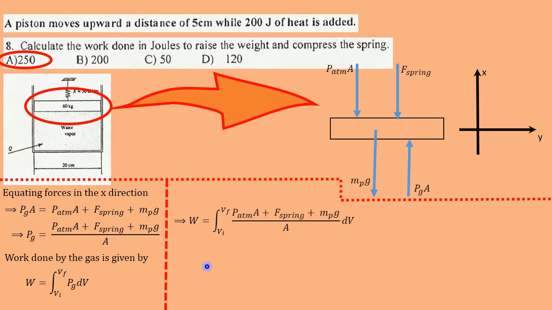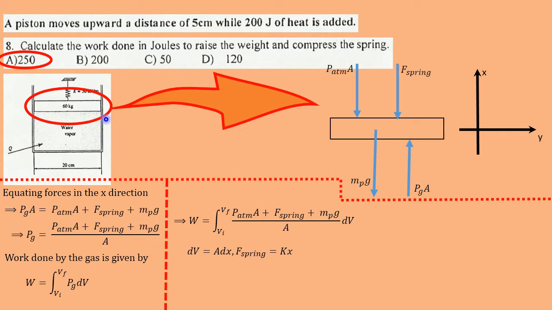Now we have to substitute P_g, which was just obtained from our first considerations, in the expression for the work, and that gives us what we have right here. Now we only have to do a little bit of substitutions. So we can see that dV is given by A dx, because the cross-sectional area is constant, so only variations in the x direction can be observed.